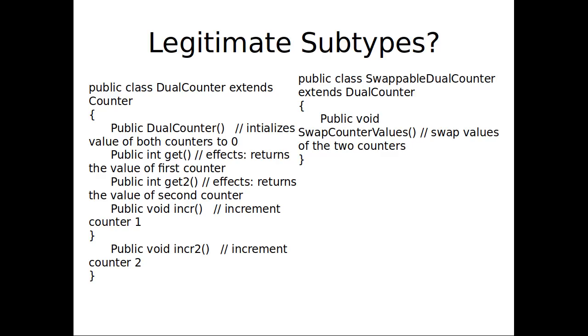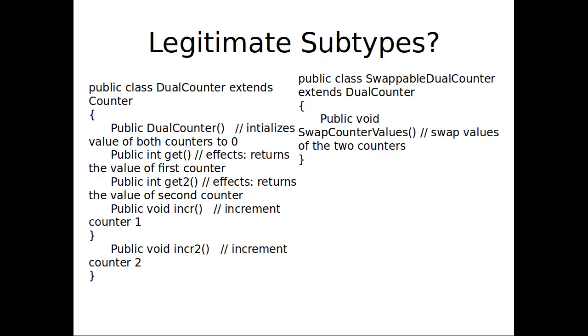Okay, dual counter. Let me ask this. Is dual counter a legitimate subtype of counter? Yeah, it's a pretty legitimate subtype. It's a nifty subtype in my book. There's a nice little extension to it.